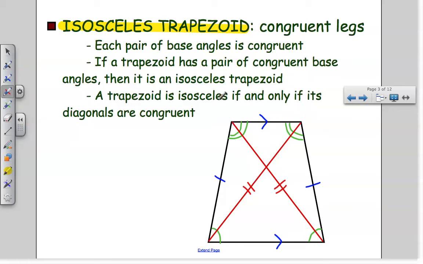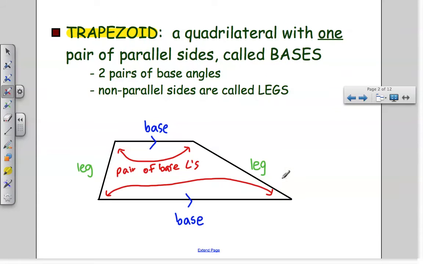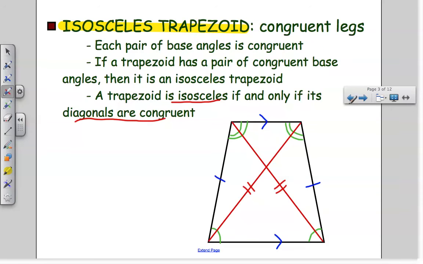Now this only happens in an isosceles trapezoid, and it works both ways. If you have congruent diagonals, then it is an isosceles trapezoid. Keep in mind, on a regular trapezoid, one diagonal here would be much longer than the other diagonal here. So that only happens in an isosceles trapezoid.